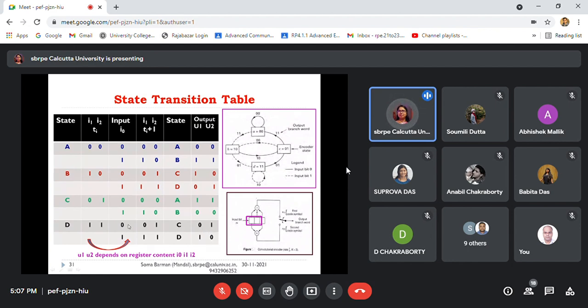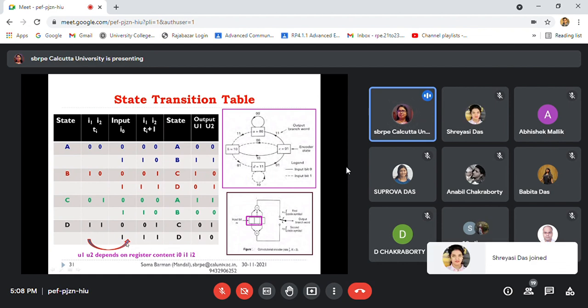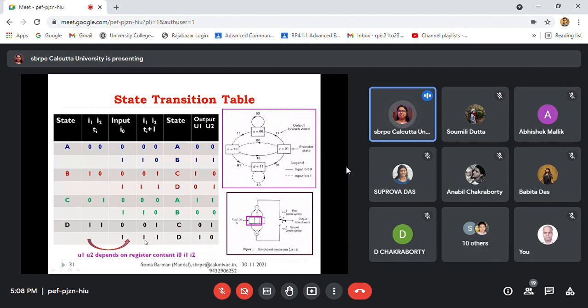And for the 1 input in the D state, this 1 will be shifted, I0 will be shifted here, so it will be 1, and I1 will be shifted to the position of I2, so it will remain 1 1.